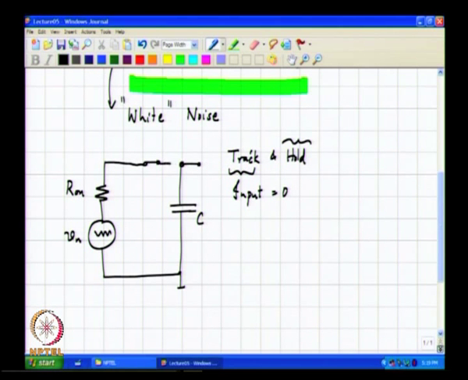The switch was closed, it is in the track phase and the noise waveform of the resistor is something, and correspondingly the output is also doing something. If we know this waveform, we can compute the waveform at the output. Now, suddenly you are opening the switch. So, what do you think happens at the output?